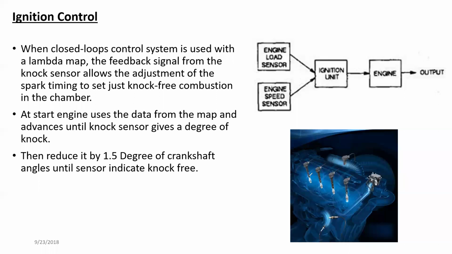As we discussed in the previous module, here it's showing a coil on plug type ignition system. Since this engine has a separate coil for each cylinder, it's possible to make these changes separately for each cylinder.